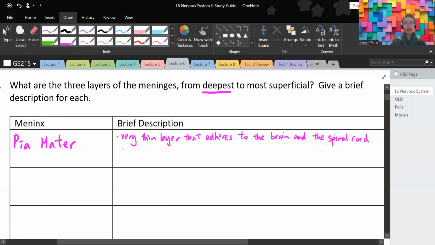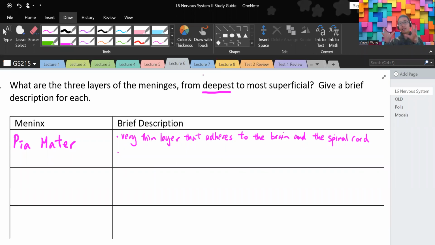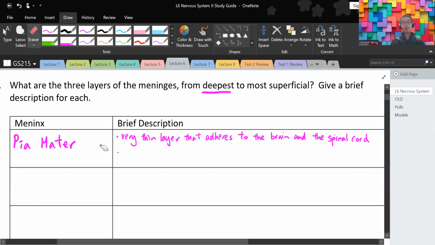And it's kind of like shrink wrapped onto the brain. If you ever buy meat at a supermarket, it comes in a little plastic covering, and in some cases it's vacuum sealed onto the meat, right? So you can think of the pia mater like that. Yes, so it follows the contour.